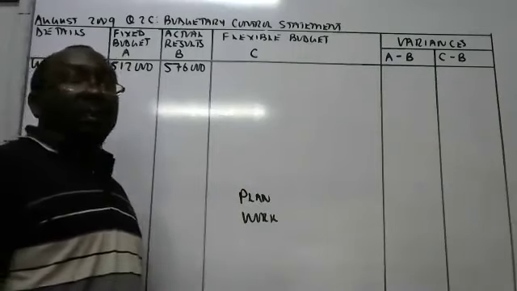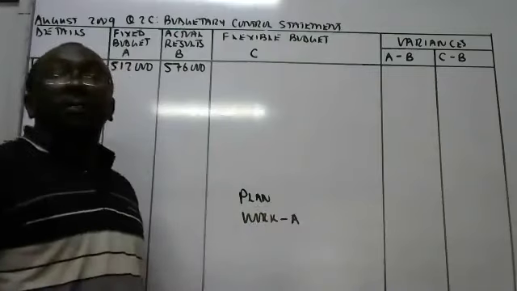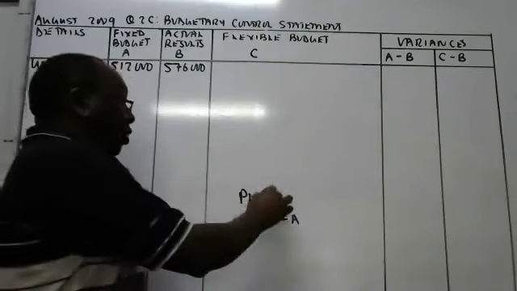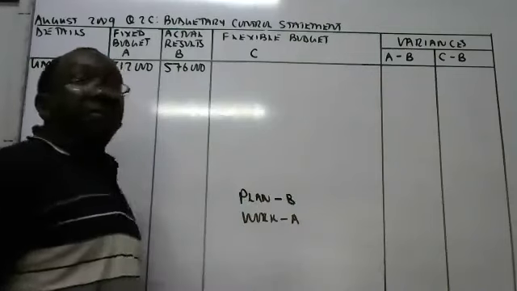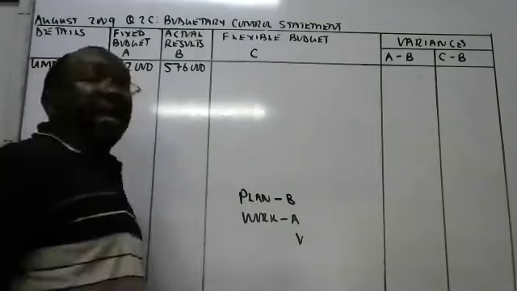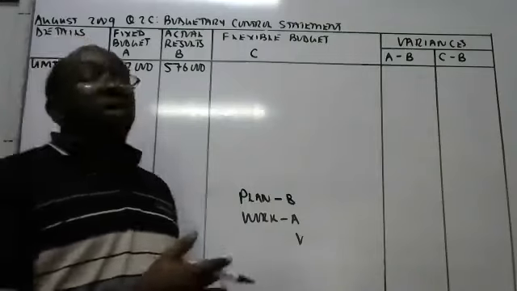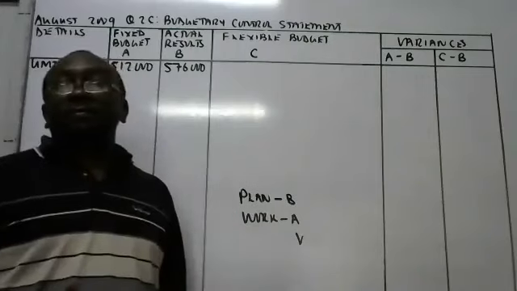When you work out the plan, what you get is what we call the actual. And when you did the plan, what you got was called the budget. So the difference between the two is what we are calling the variance. And variance, as we have noted, is brought about by many factors.